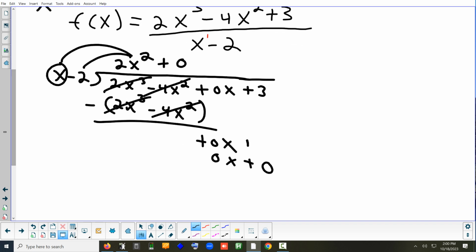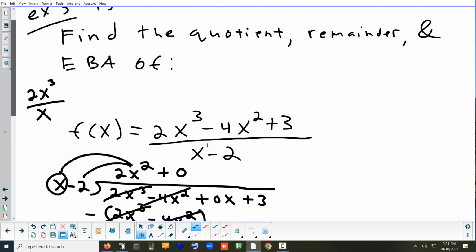Yes, I could just bring down the 3 to make that closer so when we do it, it looks a little simpler. And now subtract. Basically just subtracting 0. 0 minus 0? 0. 3 minus 0. 3. That's it. Okay, so let's write down what they want to know.